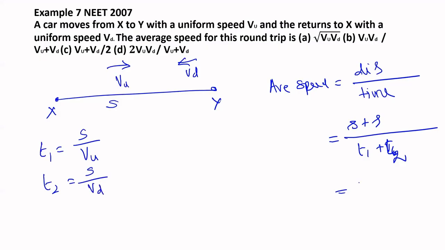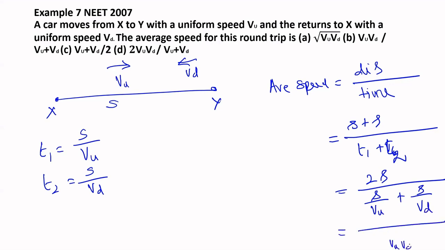So S plus S, which is 2S, divided by T equals S divided by VU plus S divided by VD. Taking the LCM, VU VD, the numerator becomes S multiplied by VD plus S multiplied by VU.